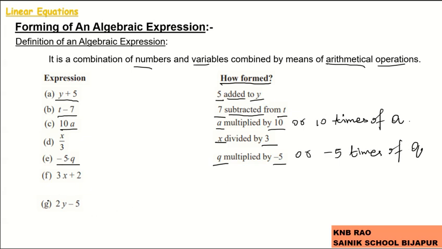Next, this 3x plus 2 in general language, we say first x is multiplied by 3 and then 2 is added to that product.